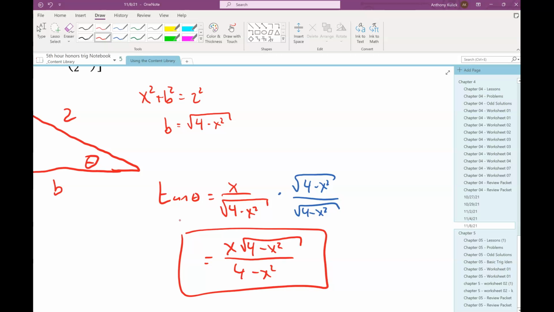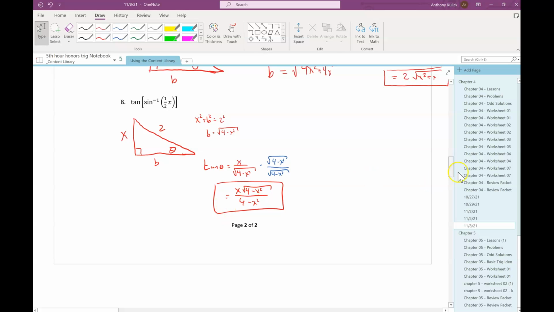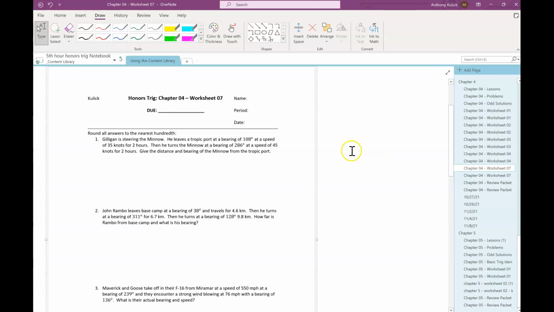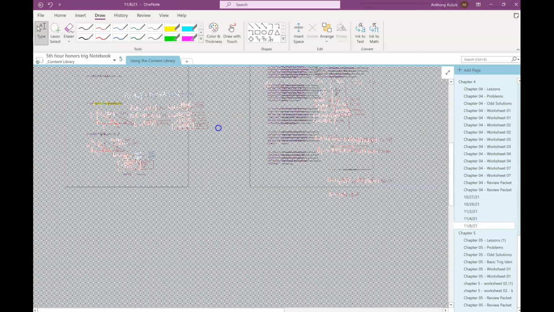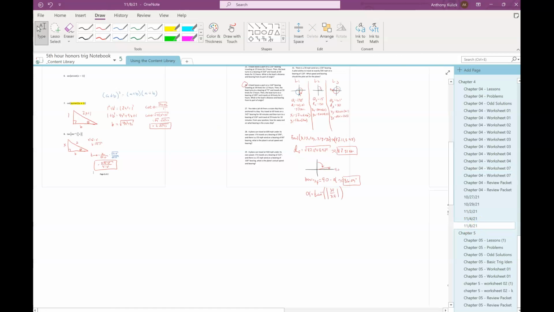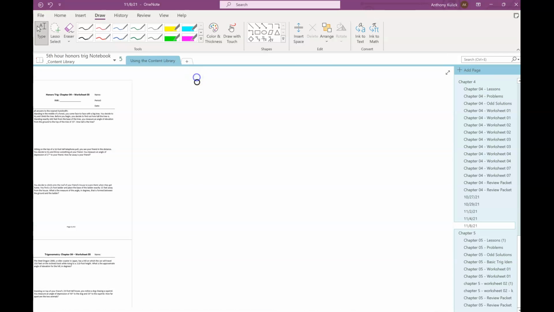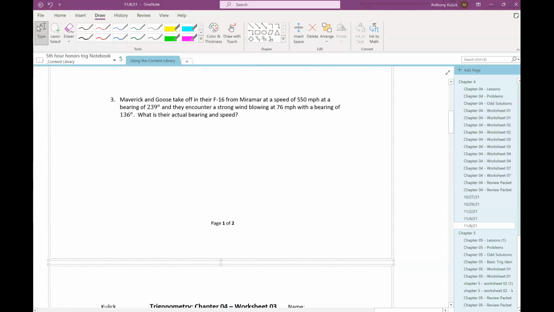Tyler. Worksheet 7, can you go to number 3 and just explain how you got the speed and the bearing for it? Sure. Alex, do you have a follow-up to 8 before we move on? Okay, you're next then. Sound good? Okay. All right, Tyler, we're looking at number 3, you said?